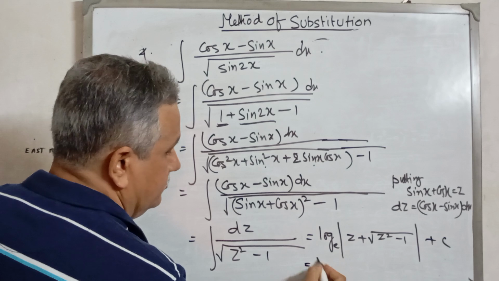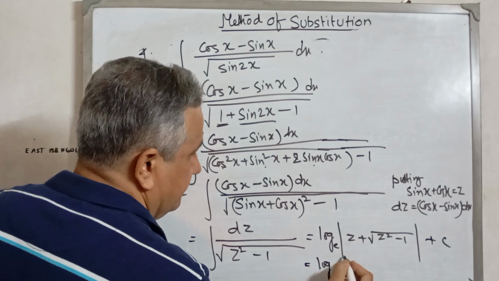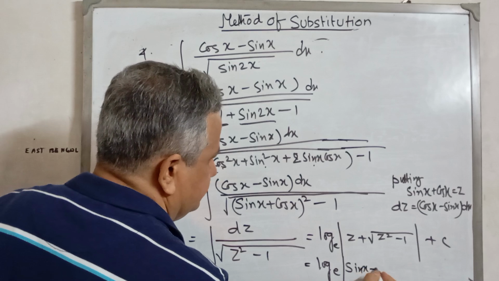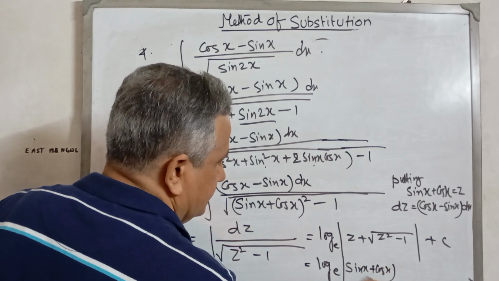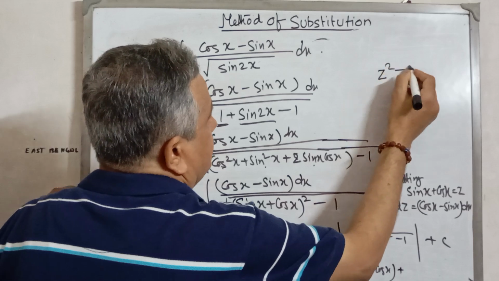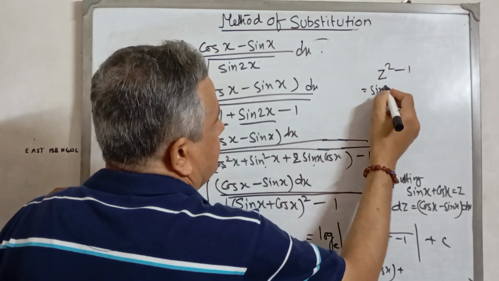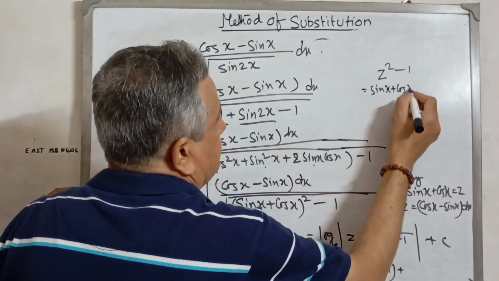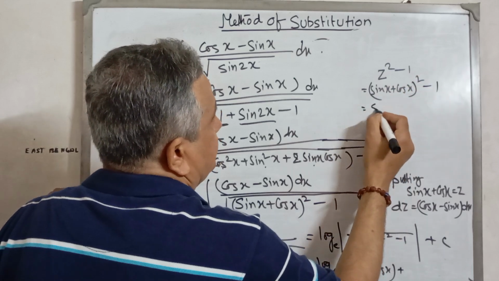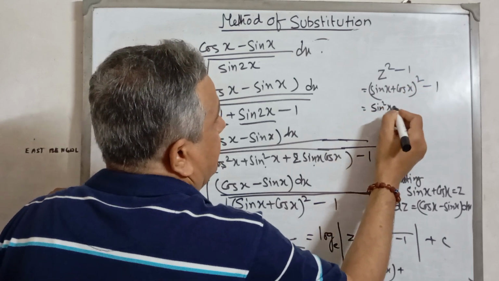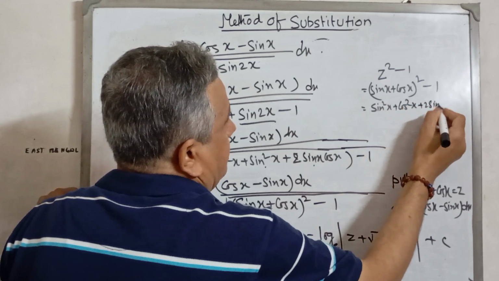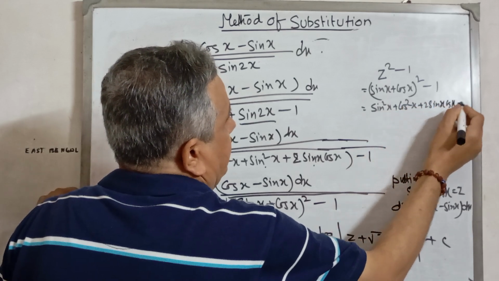Now simply substitute the value. This is sin x plus cos x plus root of z square minus 1. Z square minus 1 is sin x plus cos x whole square minus 1. Now sin x plus cos x whole square is sin square x plus cos square x plus 2 sin x cos x, minus 1.